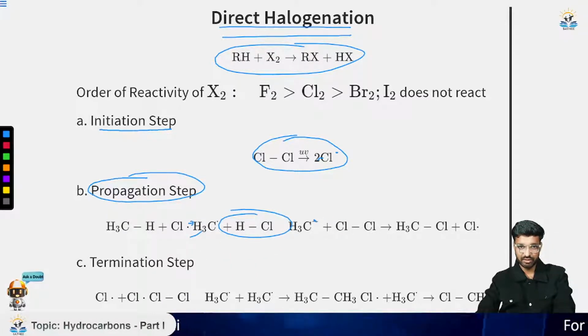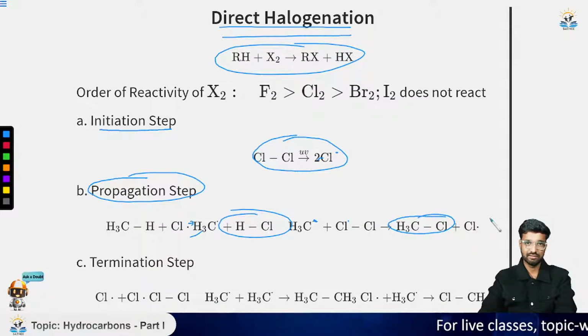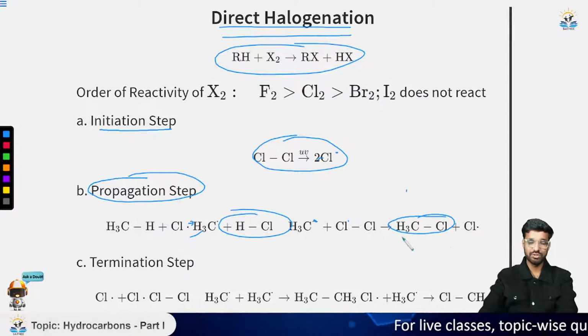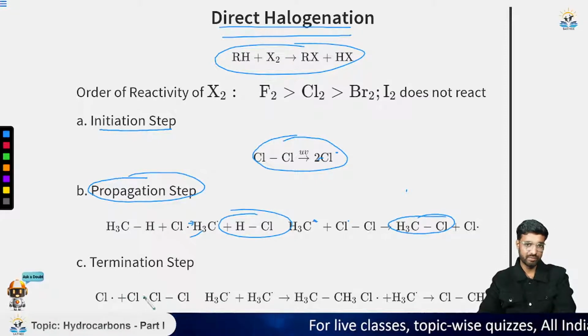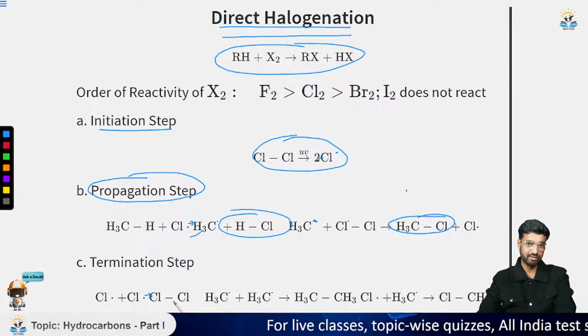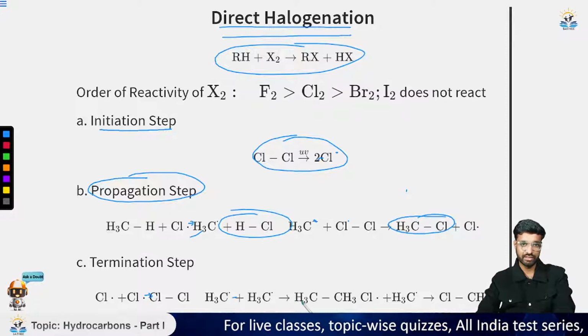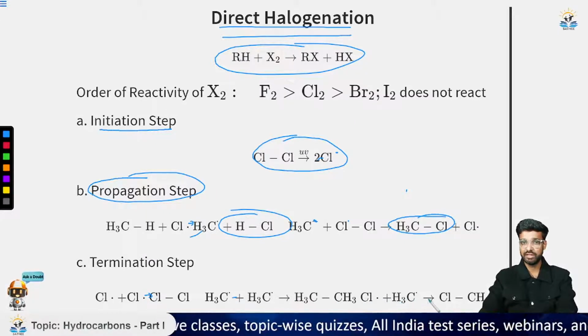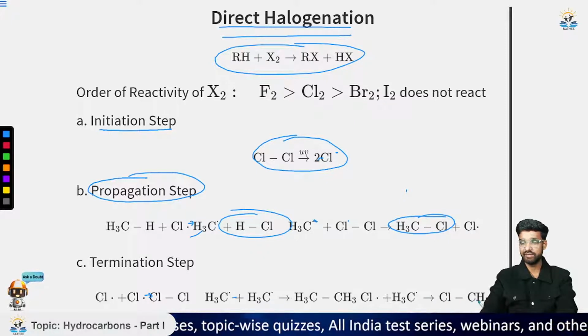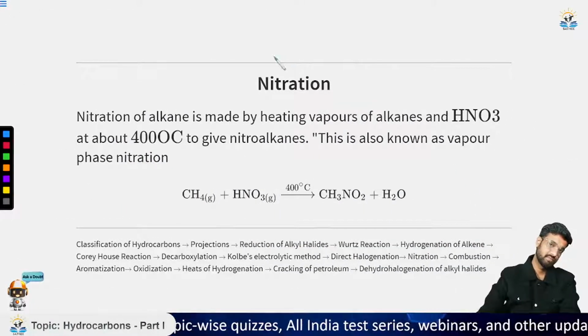Now this CH3 dot and Cl2 will again react, and we will get CH3Cl, the alkyl halide. So this is the halogenation of the alkane. Now in the termination step, two Cl radicals react and give Cl2. Again two CH3 radicals react and give CH3CH3. And here CH3 dot and Cl dot react and give us CH3Cl.